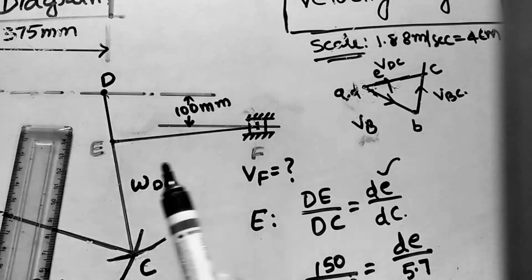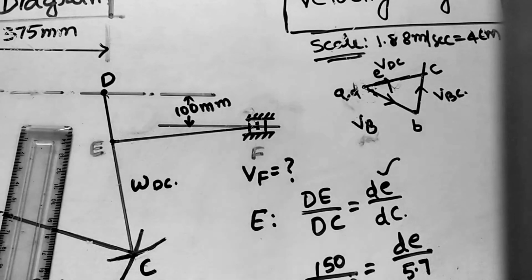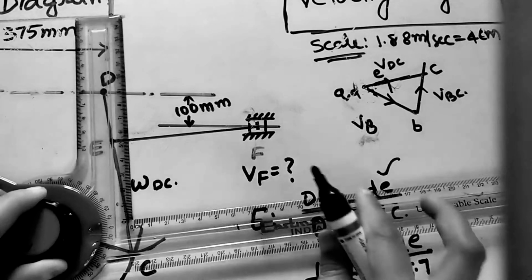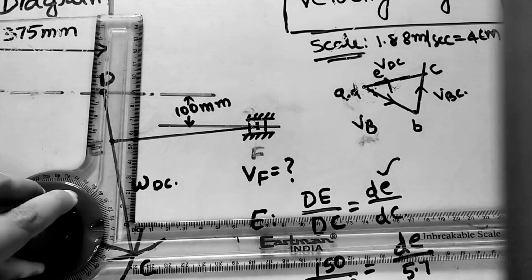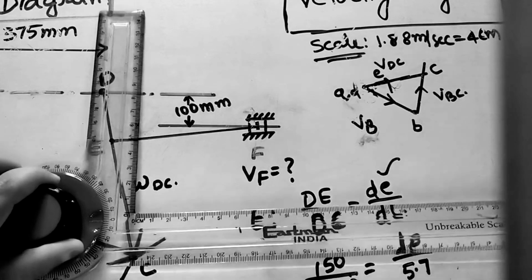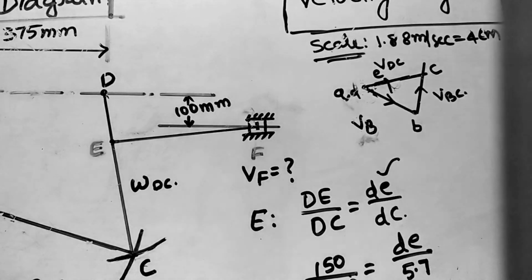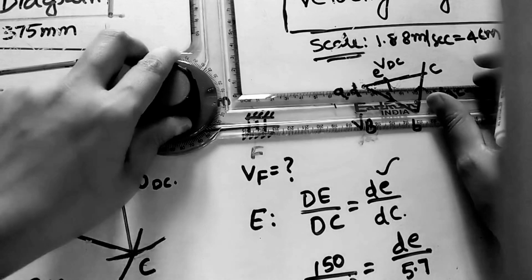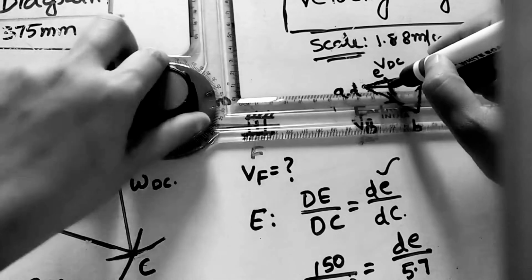Okay. And now from the fixed points A and D, it is F block is moving horizontally. Okay, so fix the drafter scale in correct position at 0. Initially I kept at 0 for horizontal lines. So horizontal velocity I am taking from fixed points A and D. AD points, fixed points, I am taking horizontal line which is meeting at this point.